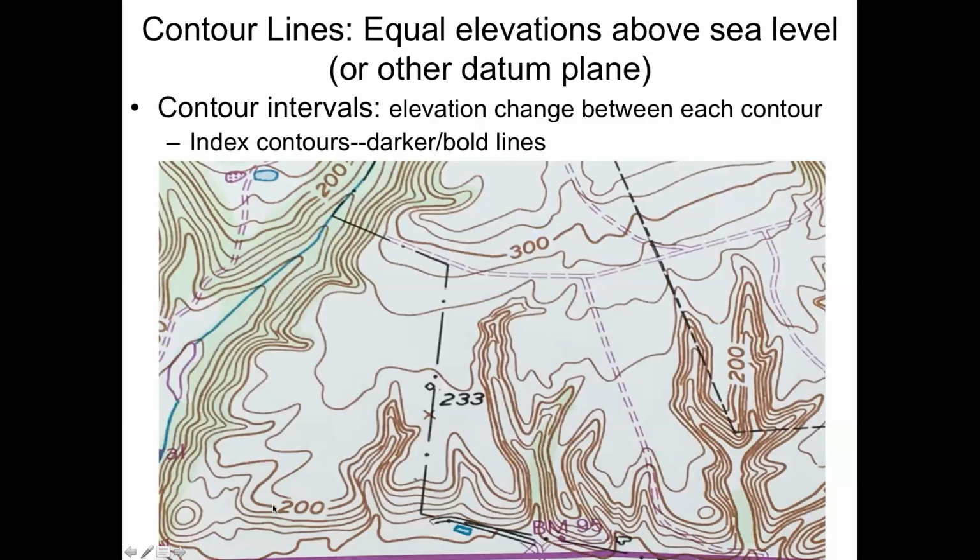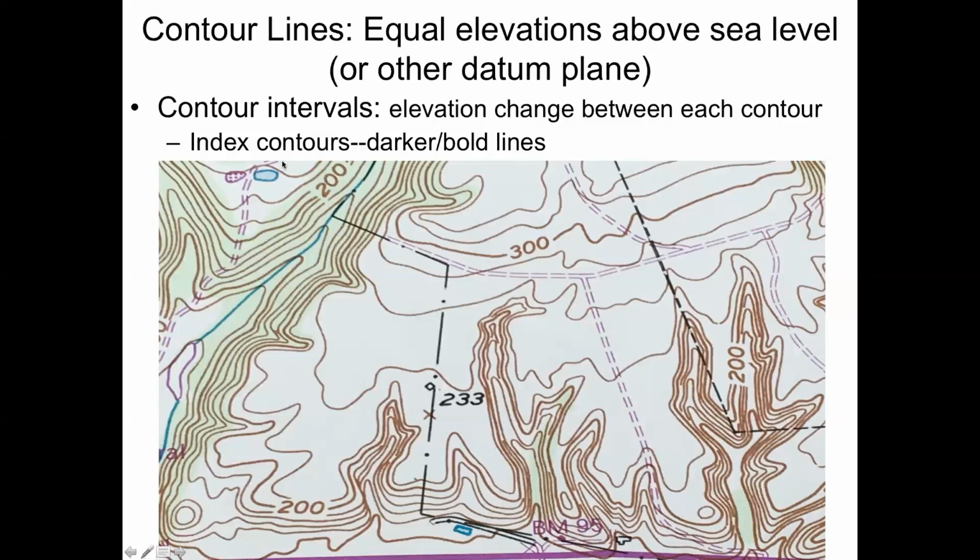So if this is 200 feet, then we know we're going uphill here towards 300 feet. So this line here has to be 220 feet. This one would be 240, 260, 280, and then 300. So indeed, the contour interval on this map is 20 feet between each contour line.